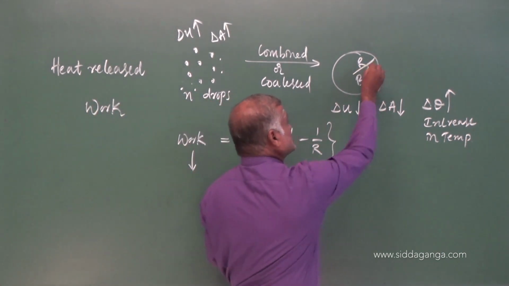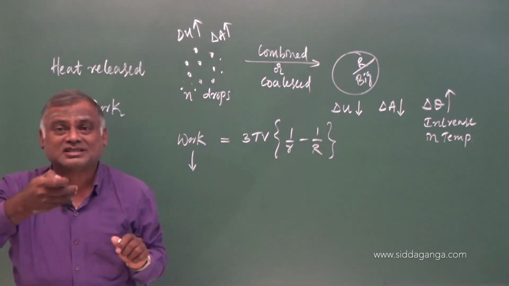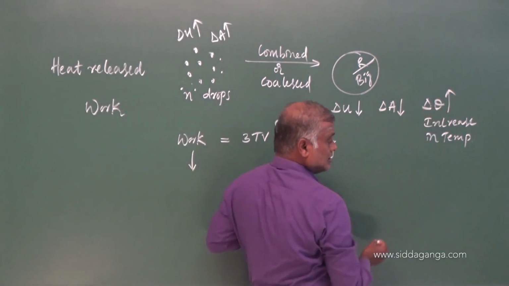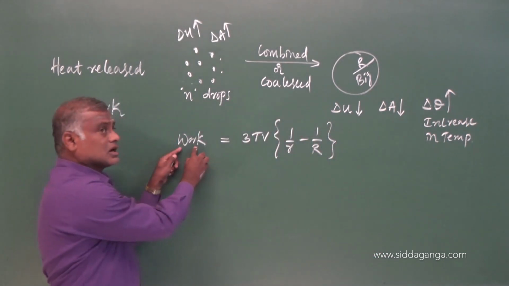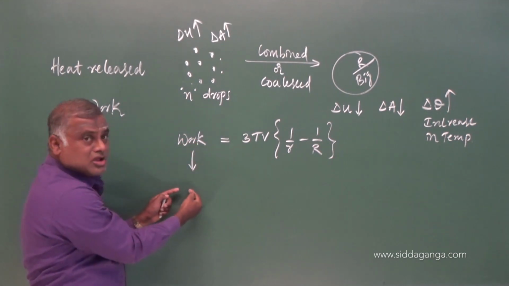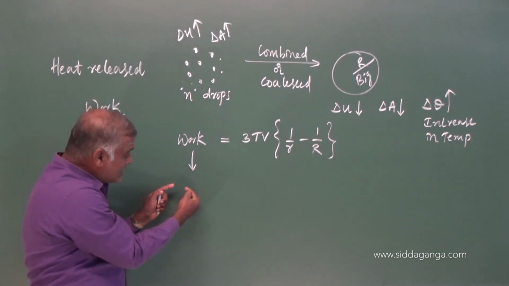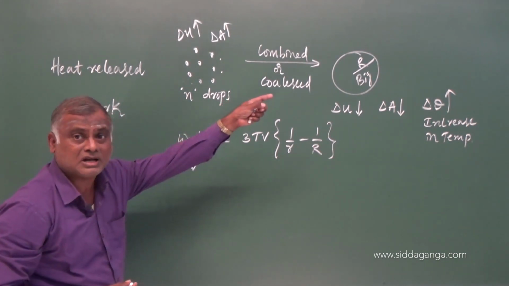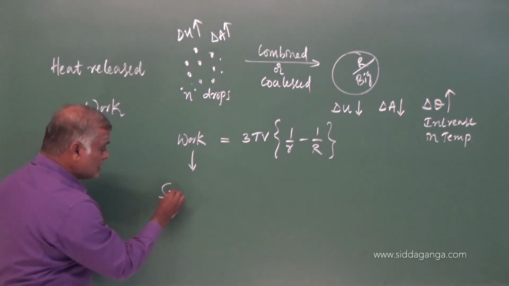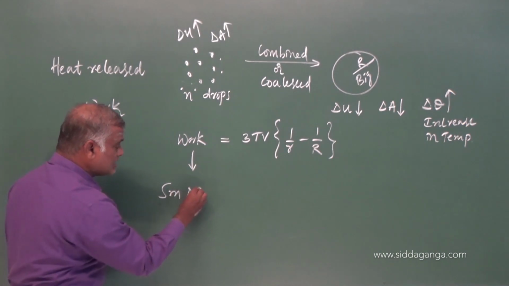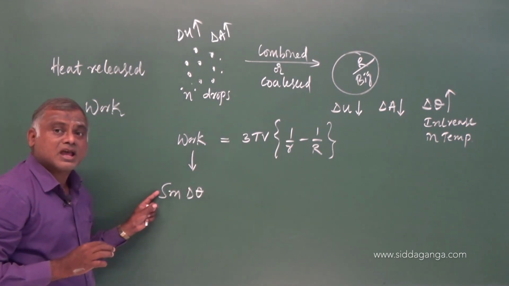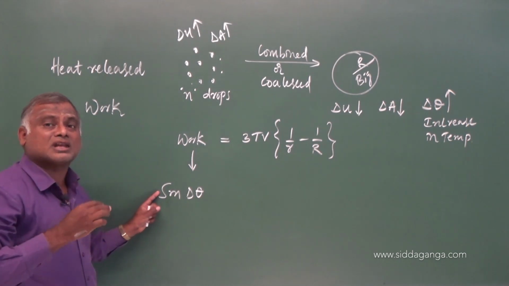When this drop gains some energy, there is a rise in temperature because of this mechanical work. This mechanical work is converted into heat energy, and that heat energy will raise the temperature of the bigger drop. That is given by the formula S m delta theta, where S is the specific heat. My dear students, it depends on the nature of the liquid.